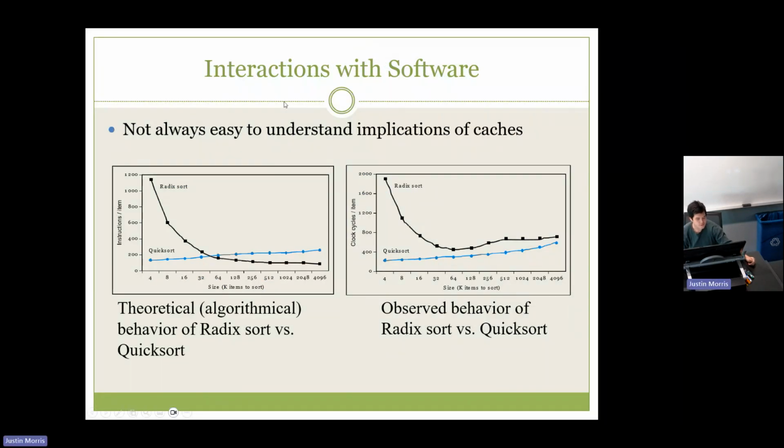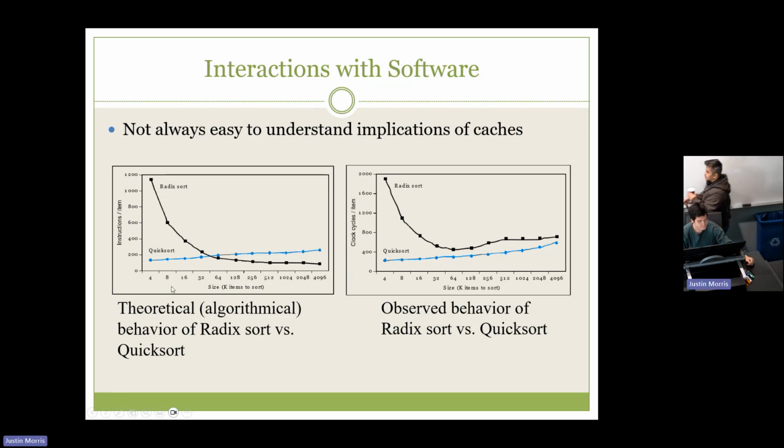The other thing was interactions with software. It's not always easy to understand the implications of caches. Okay. So we all learned about big O notation, right? And the trends as data size increases, or your algorithm input increases.